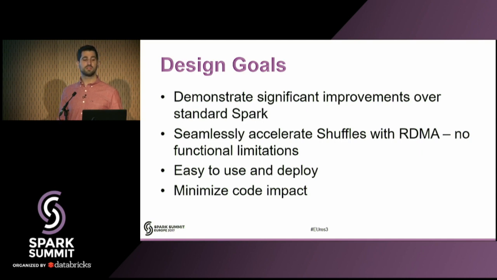We would like to have seamless acceleration for shuffles with RDMA without any kind of functional limitations. It has to be easy to use and to deploy, and minimize the code impact. So we want to limit the code changes only to the part where you actually do the transfers.